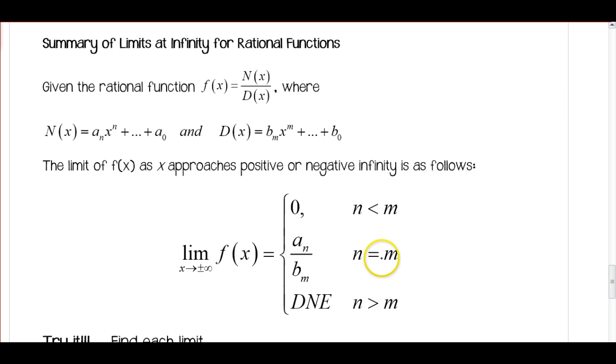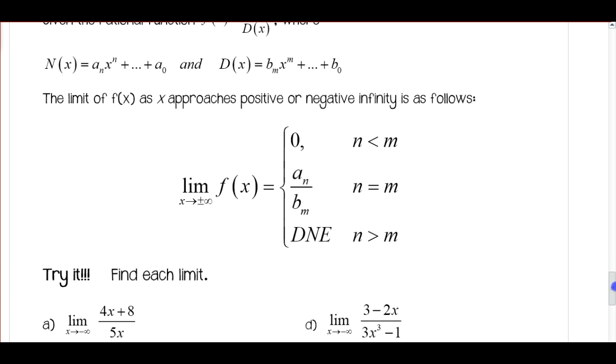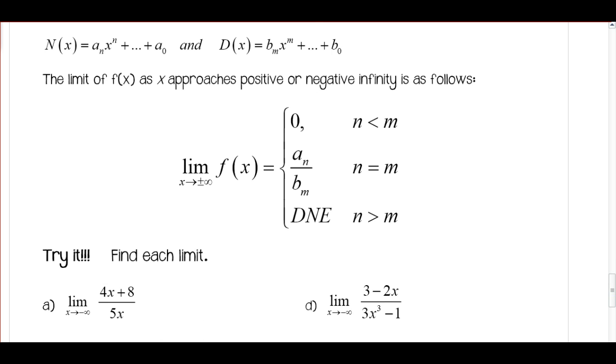If n is equal to m, if the degree of the numerator and denominator are the same, then our limit is just going to be the ratio of the coefficients of those largest powered terms. And if n is greater than m, if the degree of the numerator is greater than the degree of the denominator, then our limit is not going to exist because the limit of our numerator is going to approach infinity.